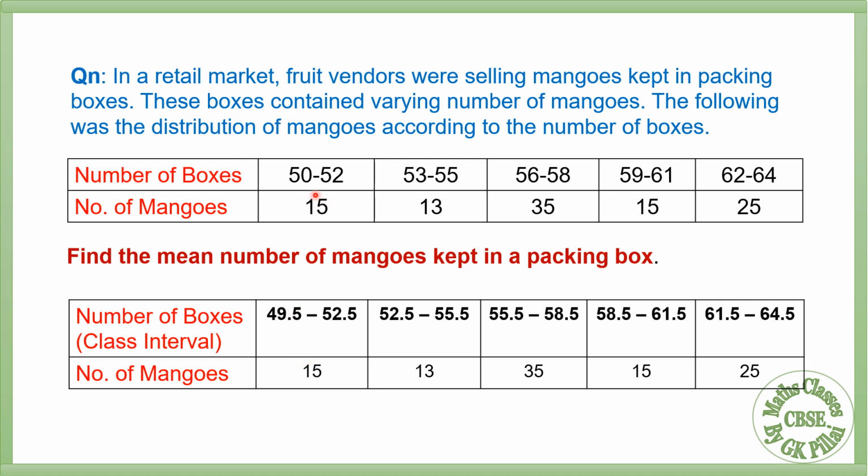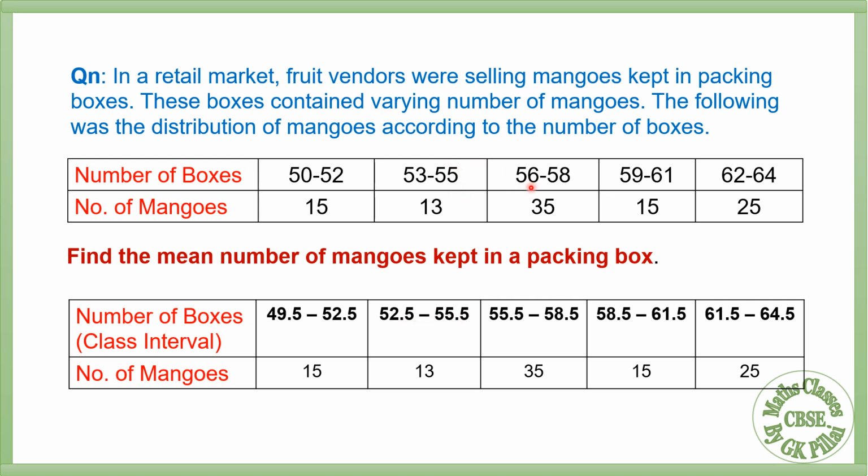Here, as I said, it is not continuous. How to make it continuous? The difference between 52 and 53 is 1. Normally it will be 1 only. Divide by 2, 0.5. Subtract 0.5 from 50, 49.5. Add 0.5 to 52, 52.5. Now the next one will start with 52.5 and end with 55.5.